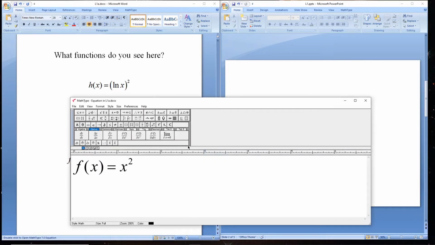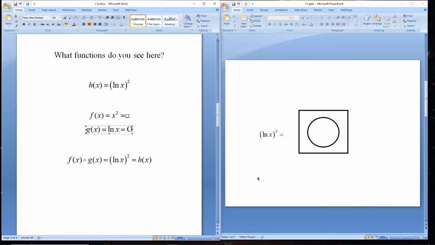If we say f is a square, and if we say the log is a circle, then this is just like putting a circle into a square. So log x is our circle. The power function is the square. We're now putting the circle inside the square. That's what composites do.